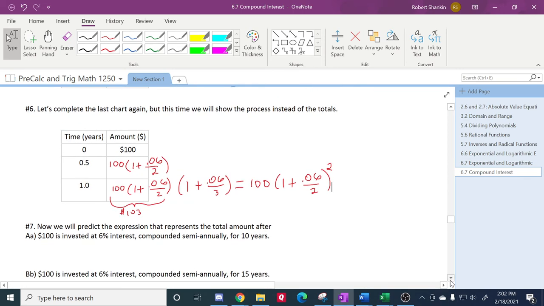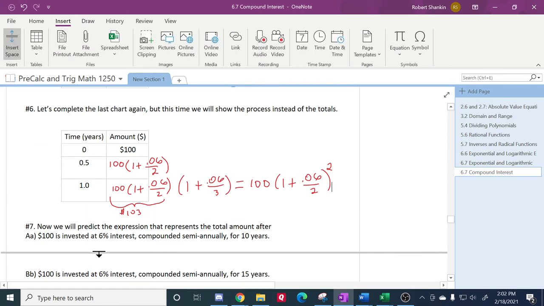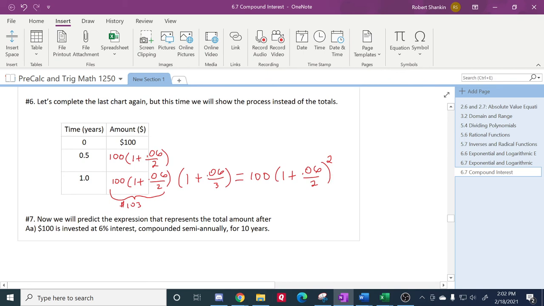Now we'll predict the expression that represents the total amount after $100 is invested at 6% interest, compounded semi-annually for 10 years. Now, I want the expression, you don't have to punch it into your calculator, just come up with the expression.